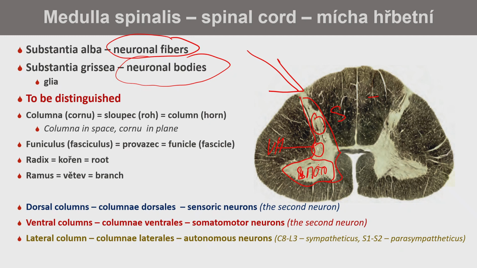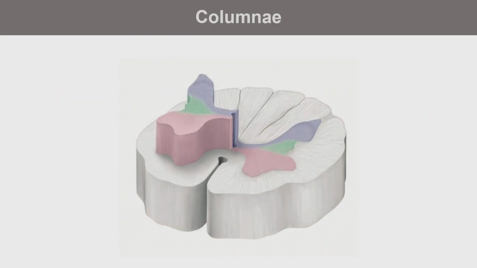So anterior horns and lateral horns are motor, and dorsal are sensoric neurons. So those are those columnae in 3D and horns. So horn, columna. And it is sensoric, autonomous, and motor. Those territories are the same at all levels of a spinal cord.